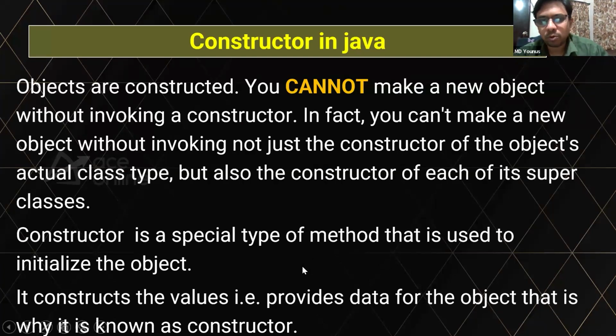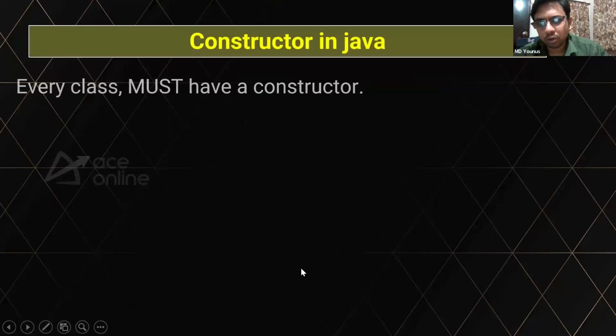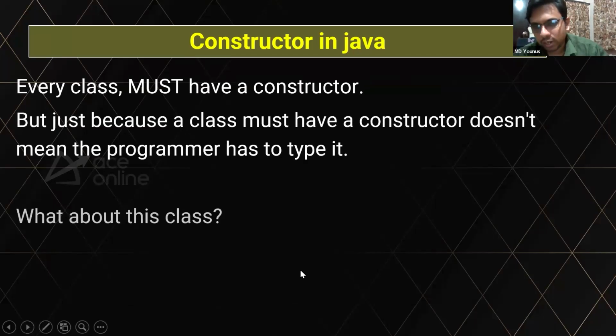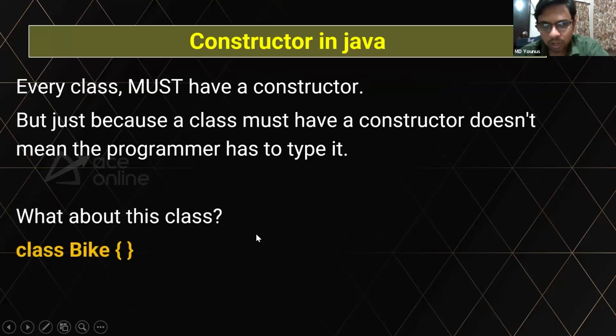Now, let us talk a little bit about default constructors. Every class must have a constructor, but just because a class must have one doesn't mean that the programmer has to provide it, because the compiler will provide the default constructor. Now my question is, does this class have a constructor? Let's say I have a class called Bike.